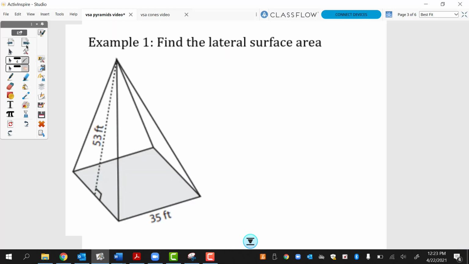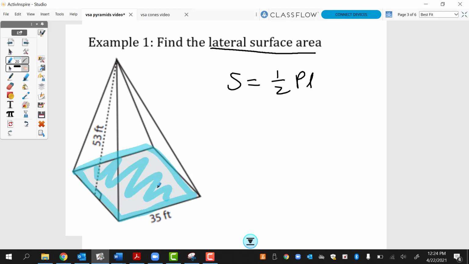So let's do some examples. Number 1 says find the lateral surface area. So I read what it's asking me to do. Lateral surface area. I'm writing my formula, 1/2 PL. First of all, I need to figure out which is my base. I know the base is at the bottom. There's my base. Perimeter means I need to add the sides of the base together.